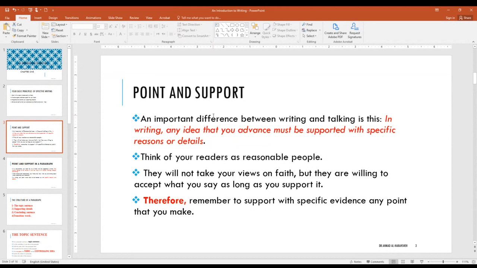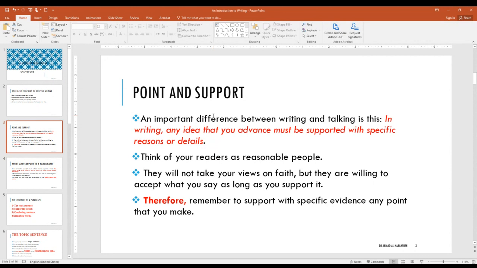You have to be careful, guys. In spoken discourse, sometimes we use colloquial expressions, and we think these expressions are standard, and we start writing them in academic writing.